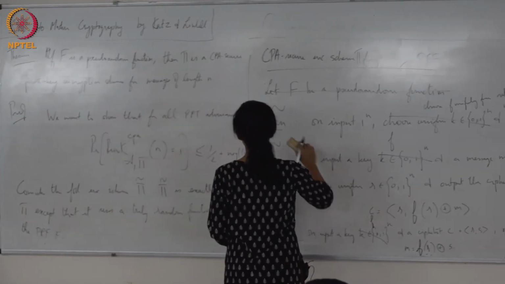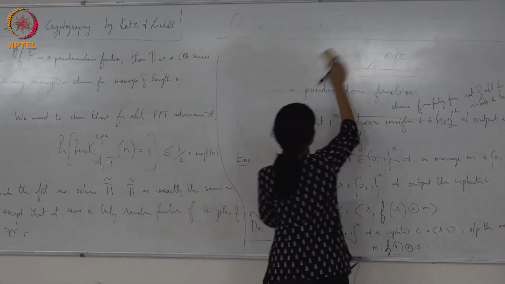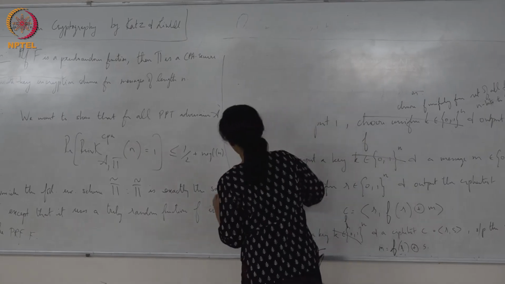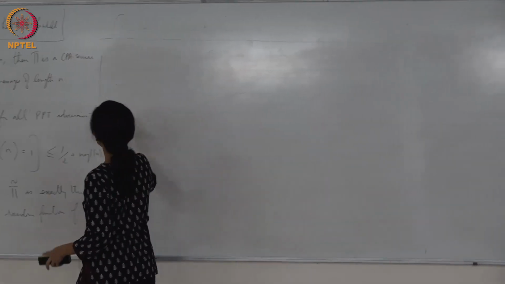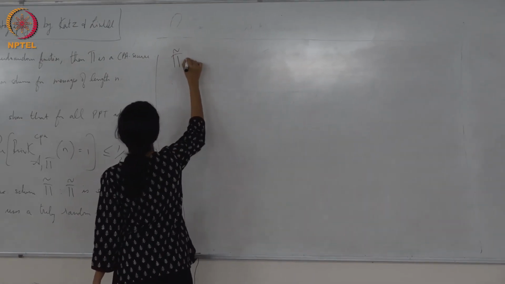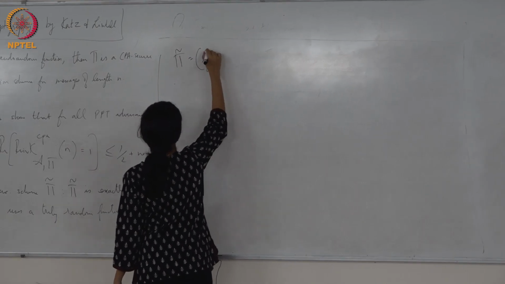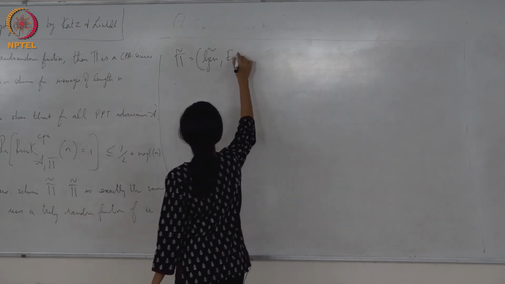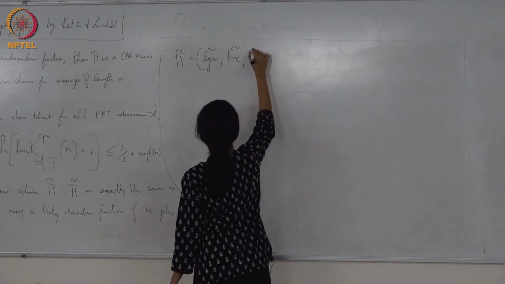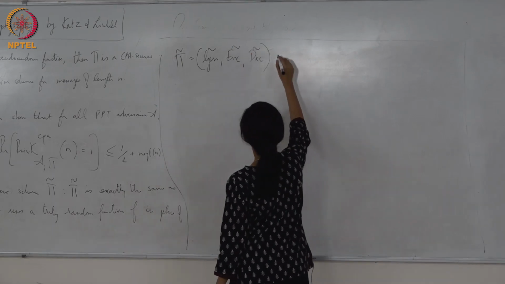Okay, so let me erase this and just write that down in words. Pi tilde, consisting of gen tilde, enc tilde and dec tilde, does the following.